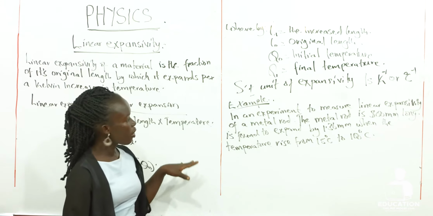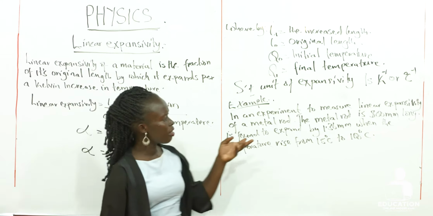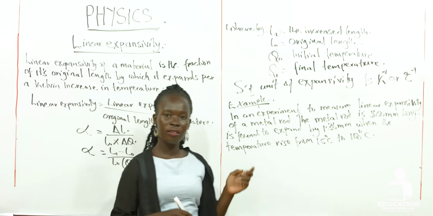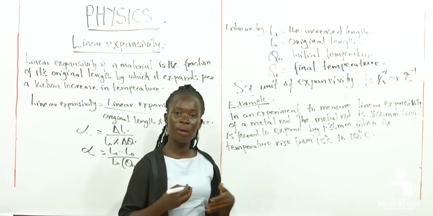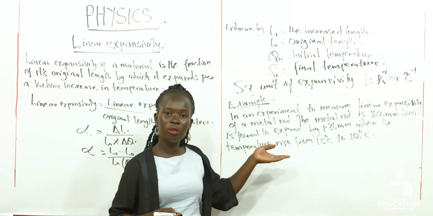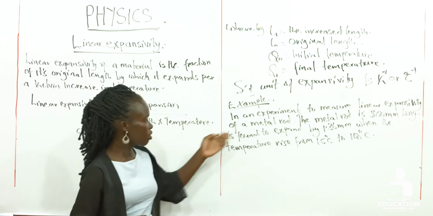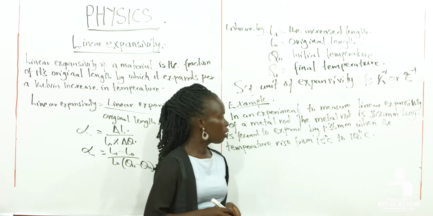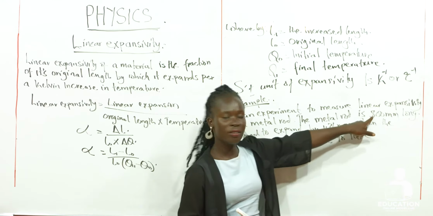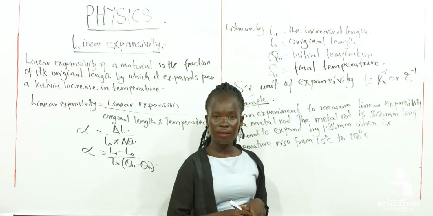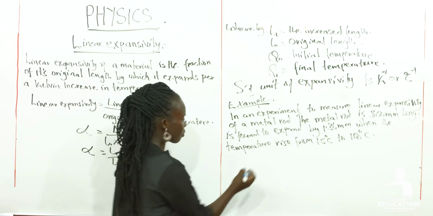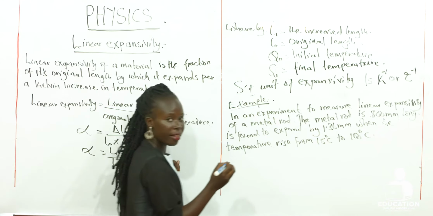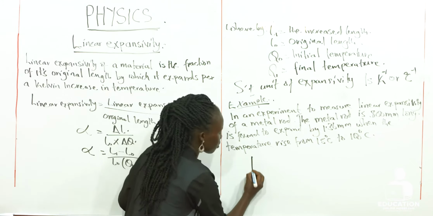So in our question, have they given us the linear expansivity? The question does not have the linear expansivity. It is demanding us to find the linear expansivity of this material, which is the metal rod. But how long was the metal rod before heating? You see that our metal rod was 800 millimeters. So before heating, we shall have our original length of this metal, assuming this is our metal.